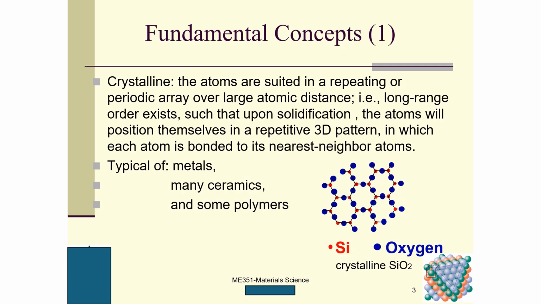That is, long-range order exists such that upon solidification, the atoms will position themselves in a repetitive 3D pattern, in which each atom is bonded to its nearest neighbor atoms. This is typical for metals, many ceramics, and also some polymers.